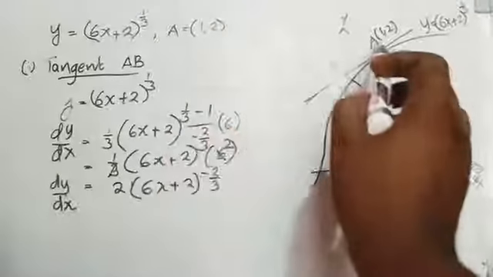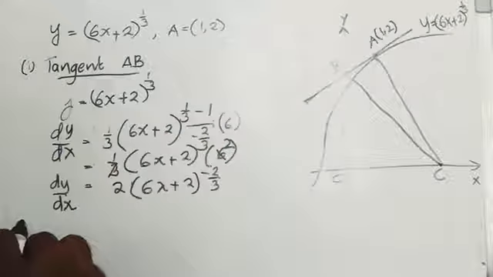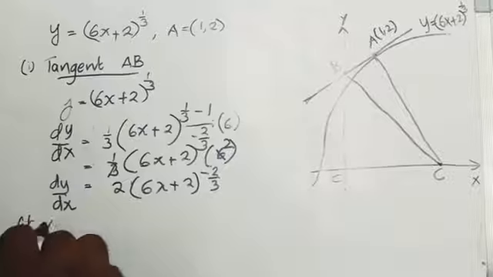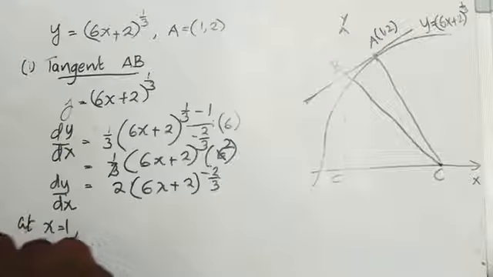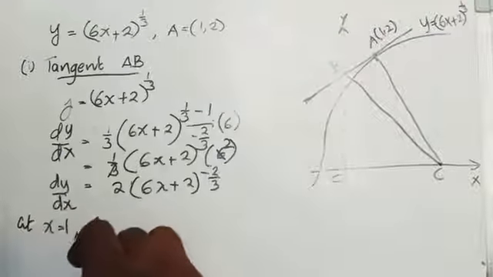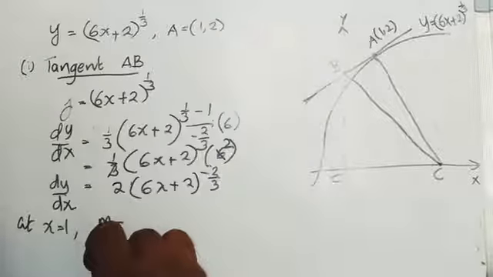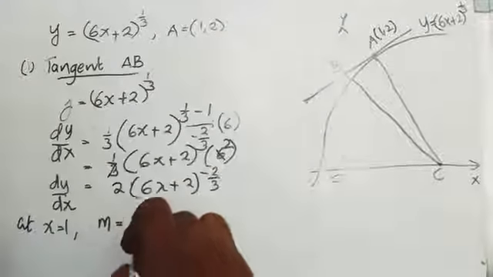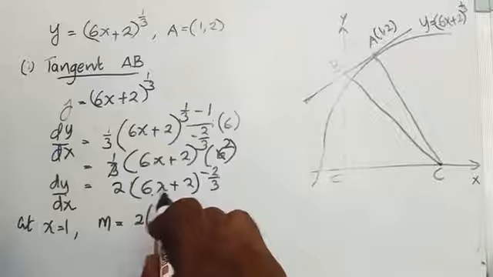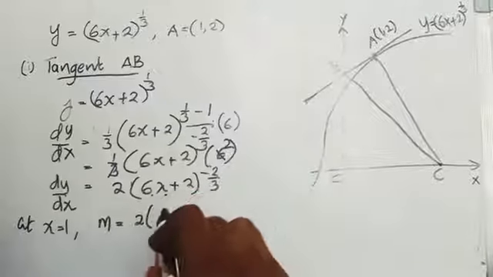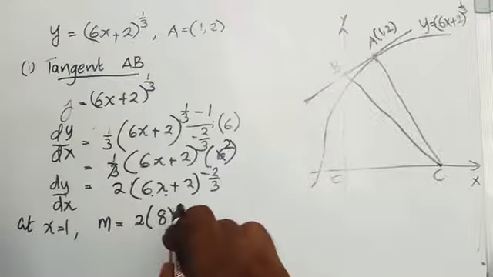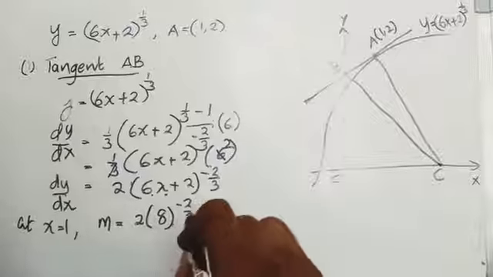Now at the point A(1, 2), that means at x equals 1, we get dy by dx, the gradient, as 2 of (6 times 1 plus 2), that is 8 raised to minus 2 by 3.